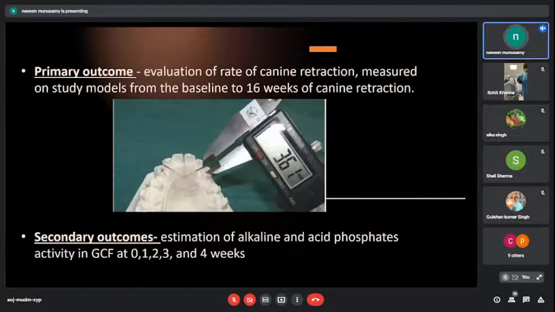This was done for the first month: before microosteoperforations, and after the first week, second week, third week, and fourth week. We did not continue beyond 1 month because of certain methodological constraints, such as the availability of material and of the lab.